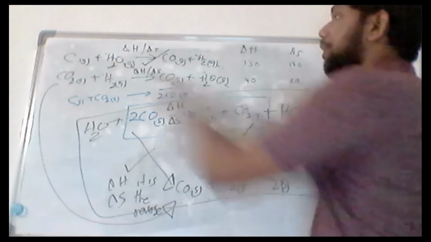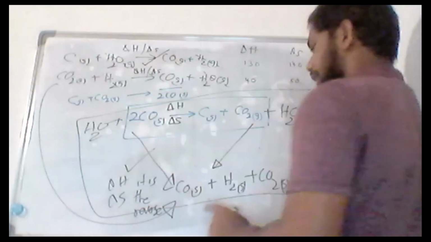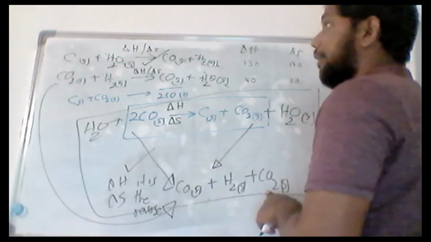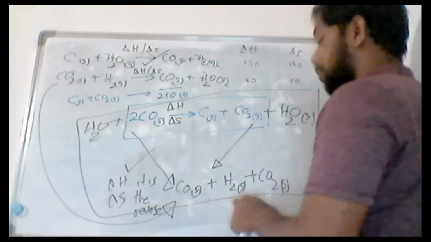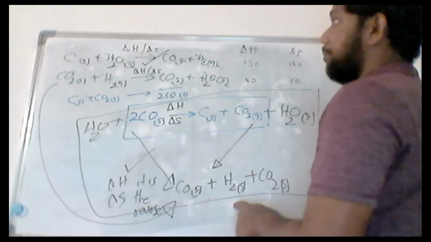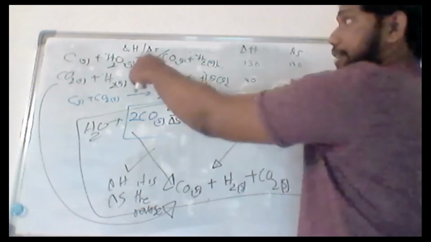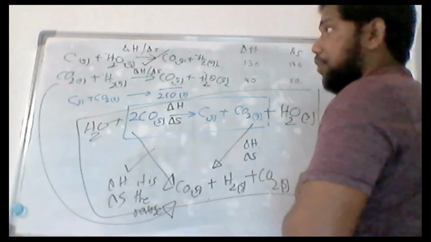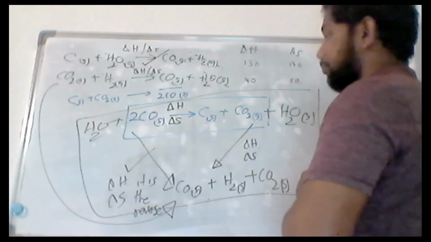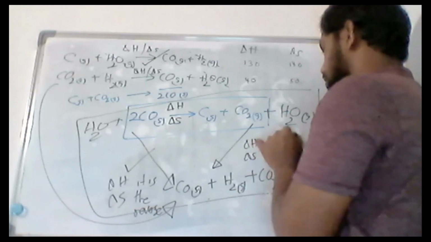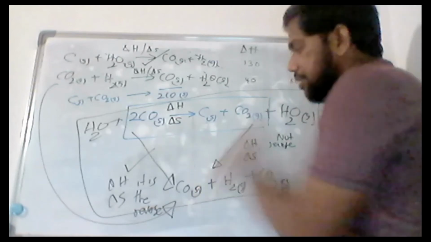And here you know, when carbon reacting with water, CO gas and H2 is going to form, which is my first reaction here. This is also enthalpy and entropy values you know. But here it is not the reverse, because my arrow is this way.